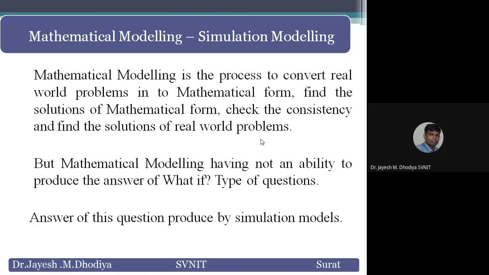But suppose there is some change in the physical model or in the situation, then the mathematical model will not give you a solution to this question, because when the physical situation is changed, the mathematical formulation also has to change accordingly. So this is one of the big limitations of a mathematical model.